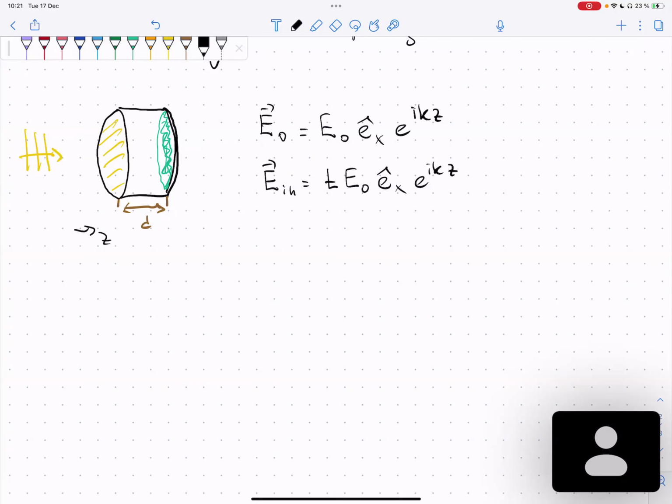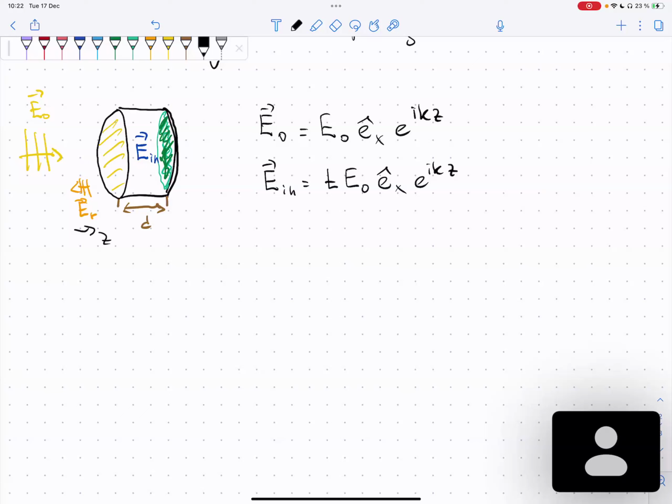So we have some incident field, we have some reflected field. This is E0, this is E reflected, and we have some field inside the disk, which is just like a plane wave propagating in the forward direction. Well, this assumption that there is no reflection from this part is valid because we, in the end, will consider it as a perfect absorber.